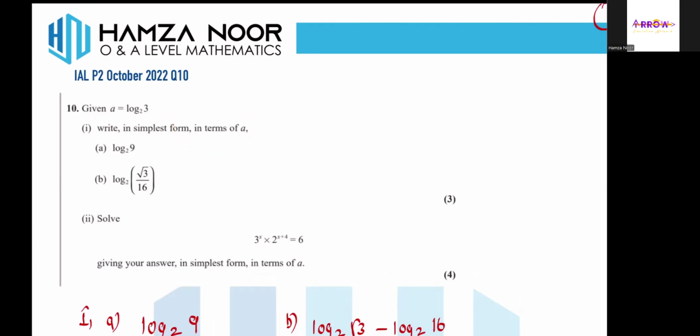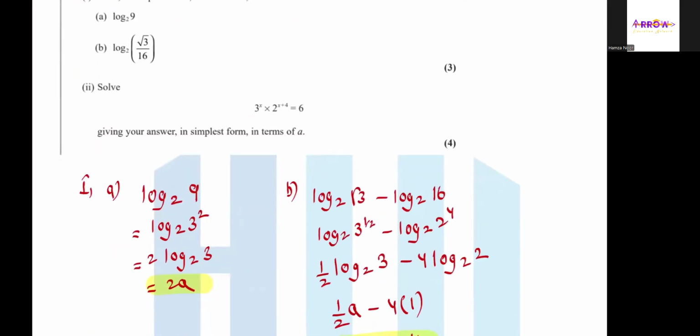The requirement of part a is log with the base 2 argument 9. Okay, so first thing first, what we know is that in place of 9 we can write 3 squared. So this is exactly the same thing as saying log with the base 2 argument 3 squared. Then according to the power law, this power can come down over here.